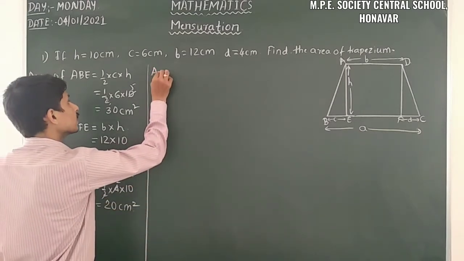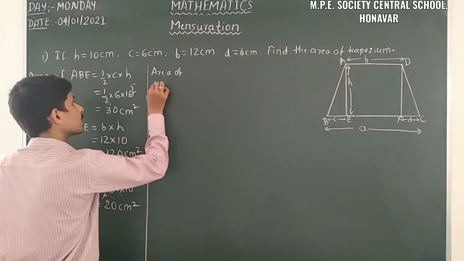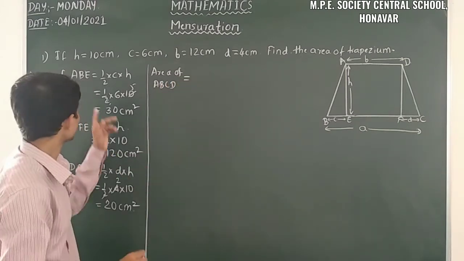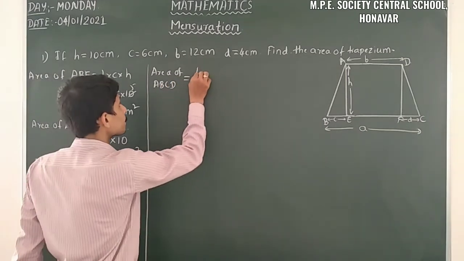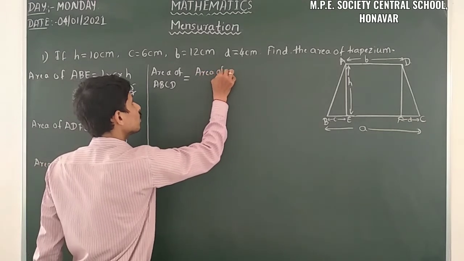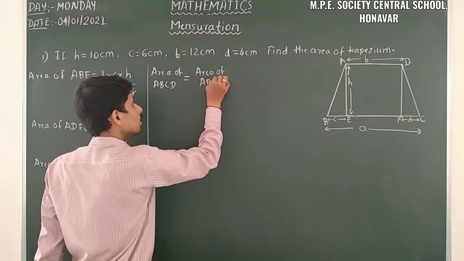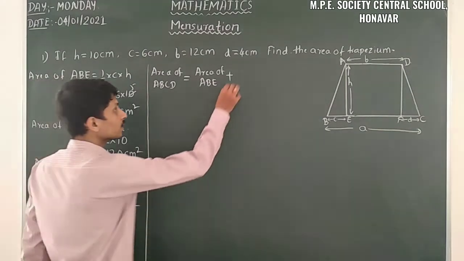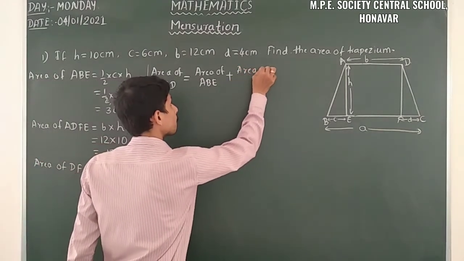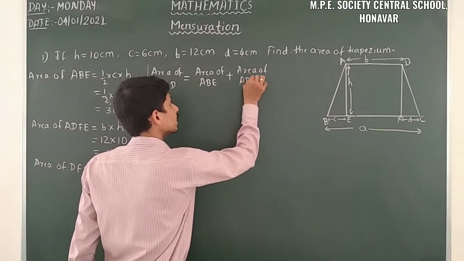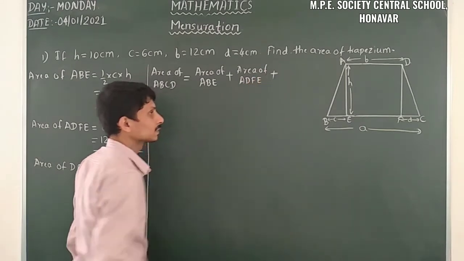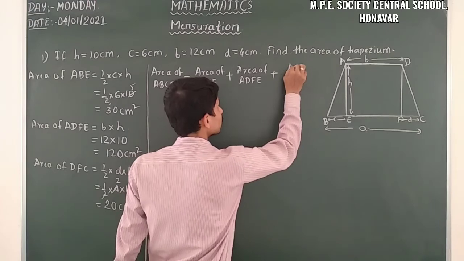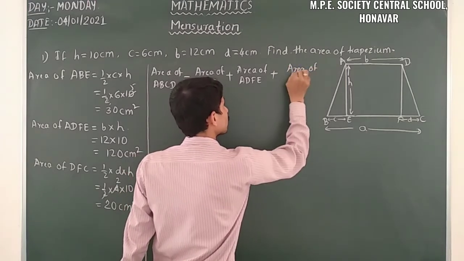That is, area of ABCD is equal to area of ABE plus area of ADFE rectangle plus area of DFC.